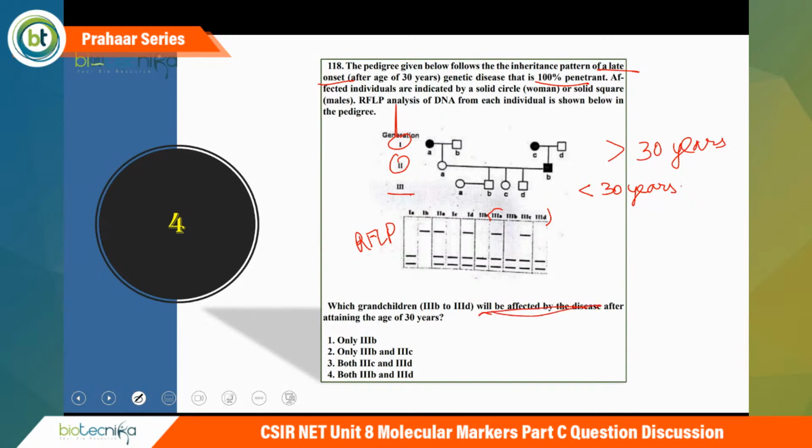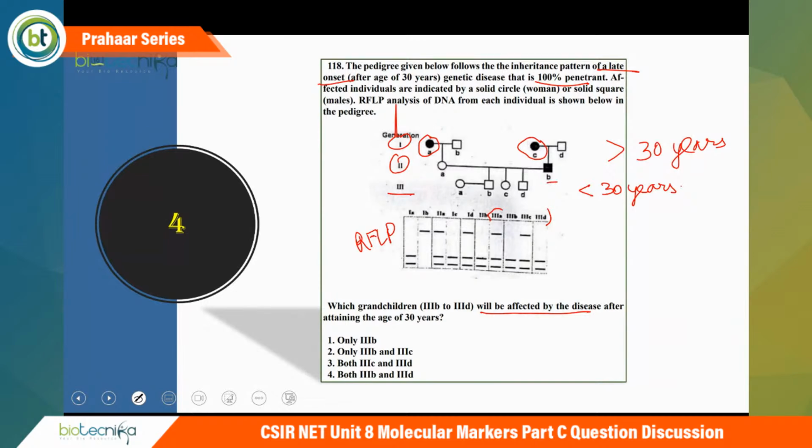For this, first we have to check the band pattern that we are getting for the individuals who are affected. So who are affected? Generation 1A is affected, 1C is affected, and 2B is affected.